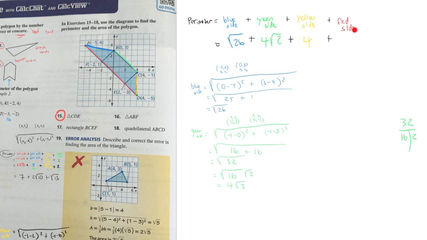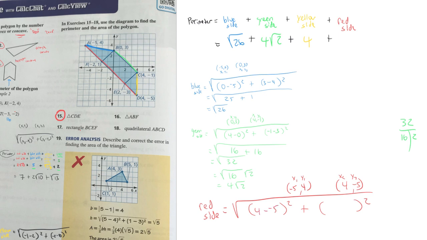All right, so now we have to find the red side. That's our final mission, at least for the perimeter. So we have the red side and a big square root. The points in question will be this time -5, 4 and 4, -5. So we'll call that x1, y1. We'll call that x2, y2. So x2 minus x1 is 4 minus -5.